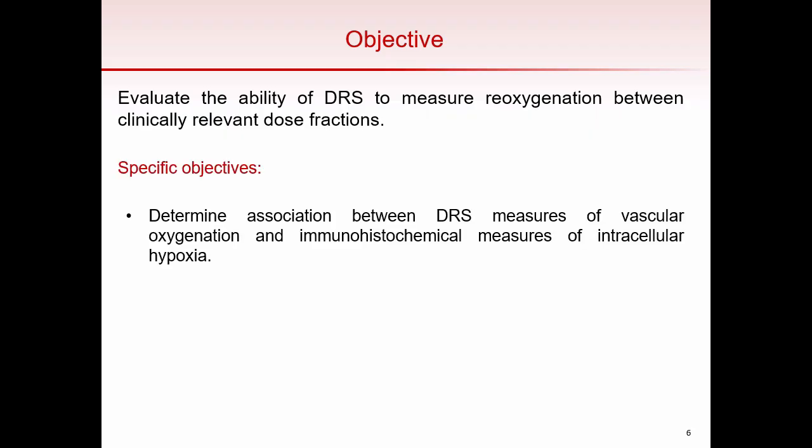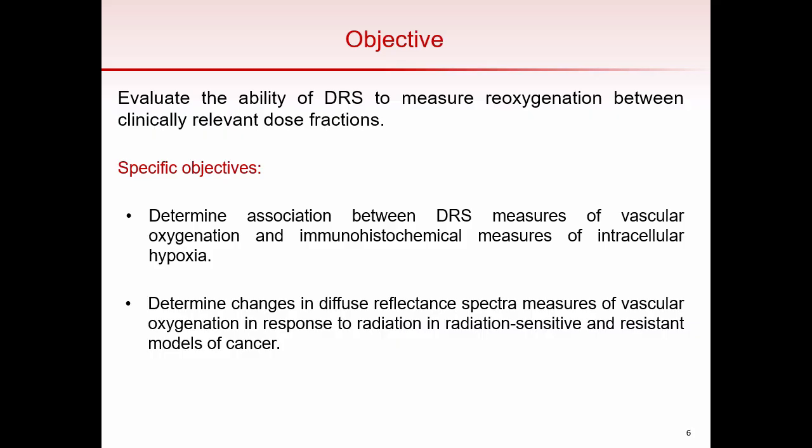Specifically, we wanted to first validate the sensitivity of diffuse reflectance spectroscopy with already established methods, and second, to differentiate the reoxygenation kinetics in radiation-sensitive and radiation-resistant models of cancer.